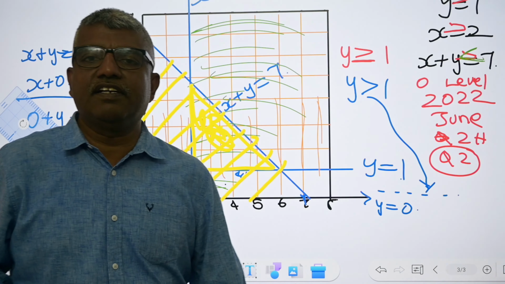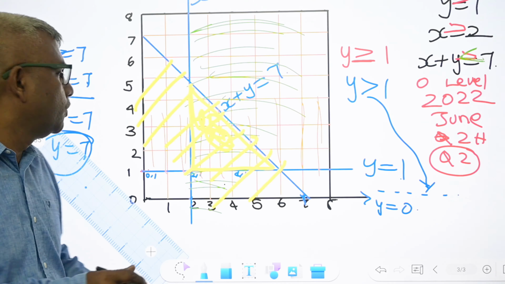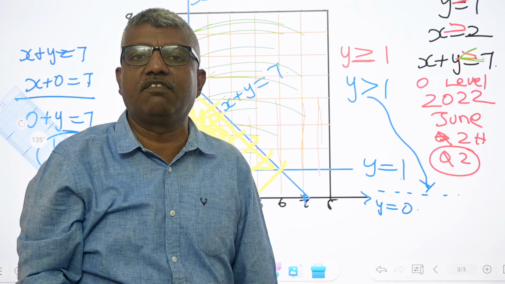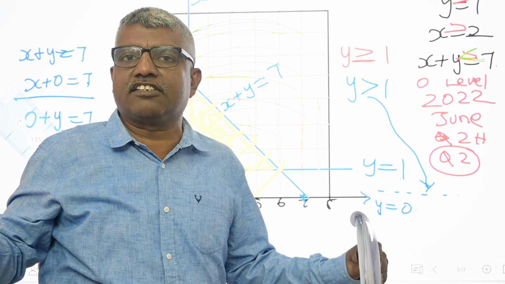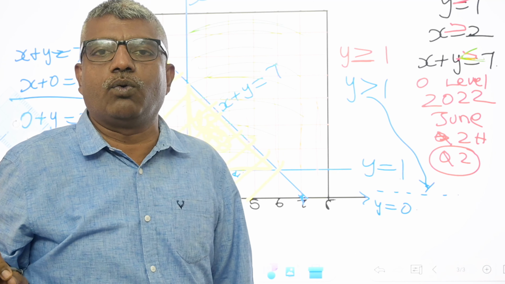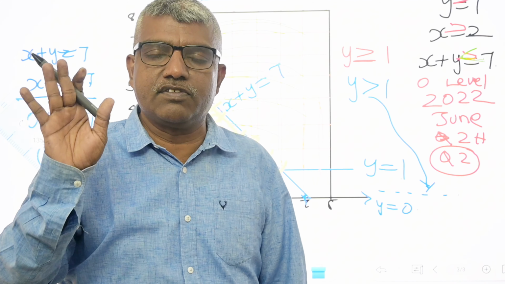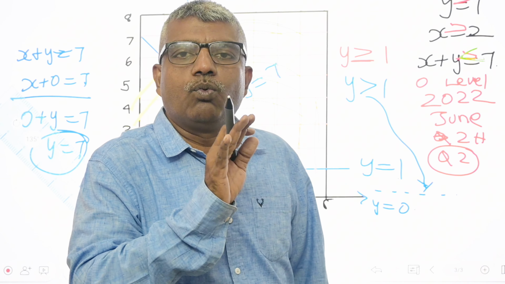Always remember, y equal to 1 or 2 means a horizontal line. X is equal to any number means a vertical line. If they are giving x plus y or ax plus by, anything, you have to find the x-intercept and y-intercept. How to find the x-intercept? Put y equal to 0. How to find the y-intercept?